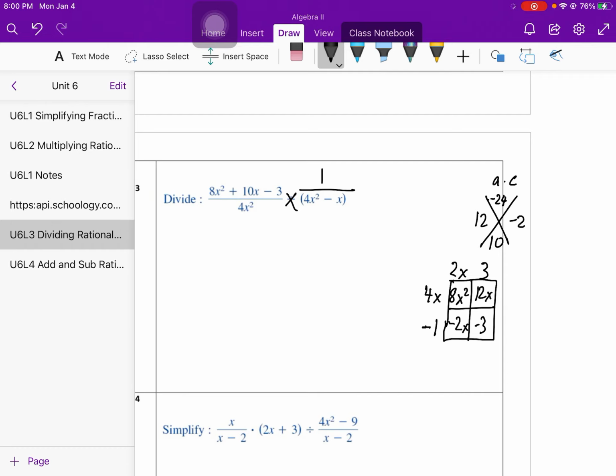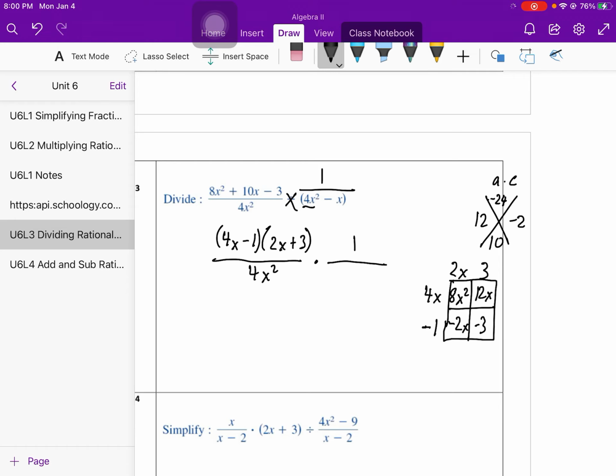So now what we want to do is we are going to get 4x minus 1 times 2x plus 3 over 4x squared times, we still have just that single 1 on the top.